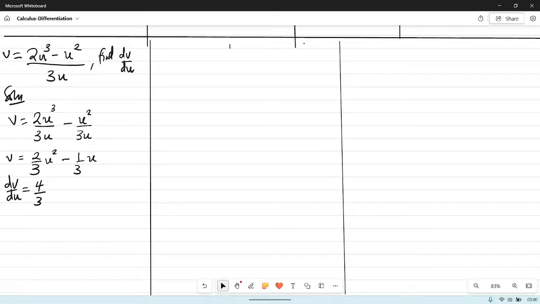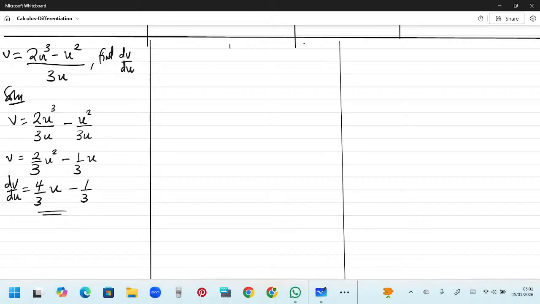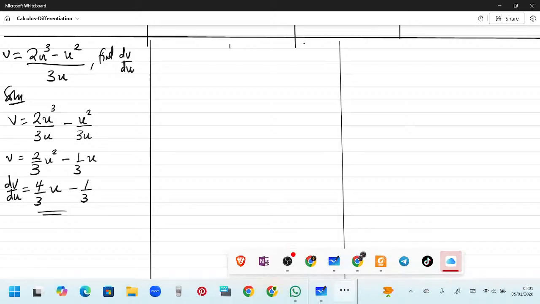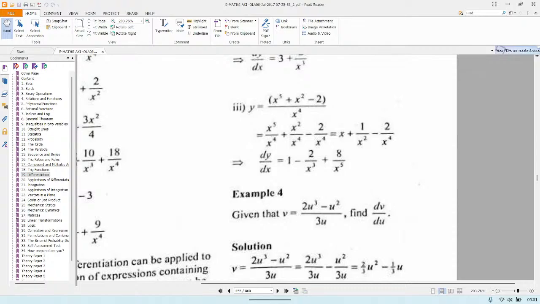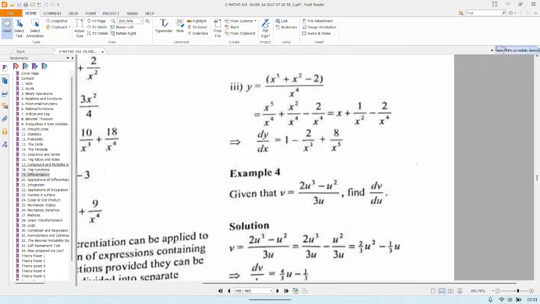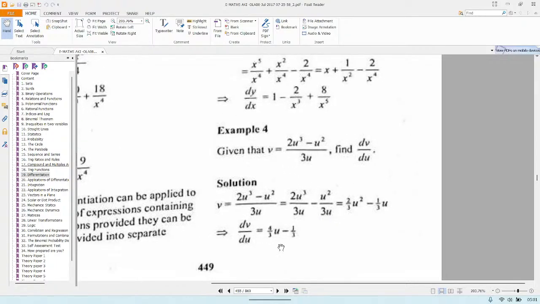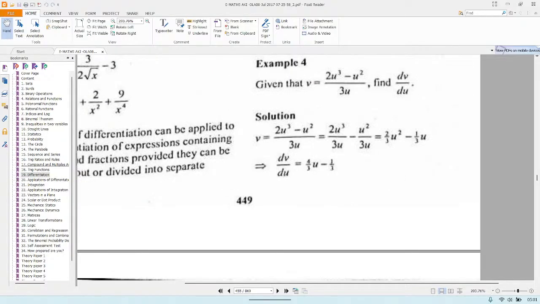Over three. Very good, very, very good. This is impressive. That's the final answer. Yeah, that's it: 2 over 3 u minus 1 over 3.